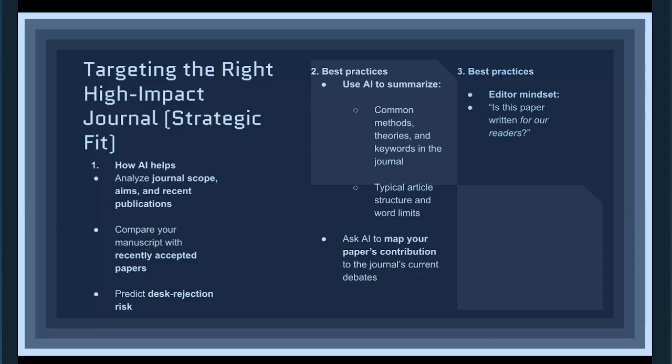And lastly, while screening, you might get rejected. Taking that into account, you can identify the chance of rejection using AI. How? When a paper comes to the editor, they see whether it is according to their readers' requirements. Should we accept it?